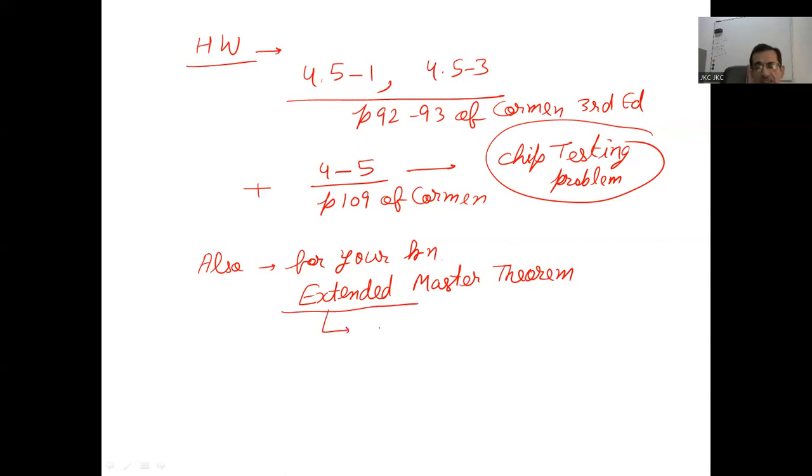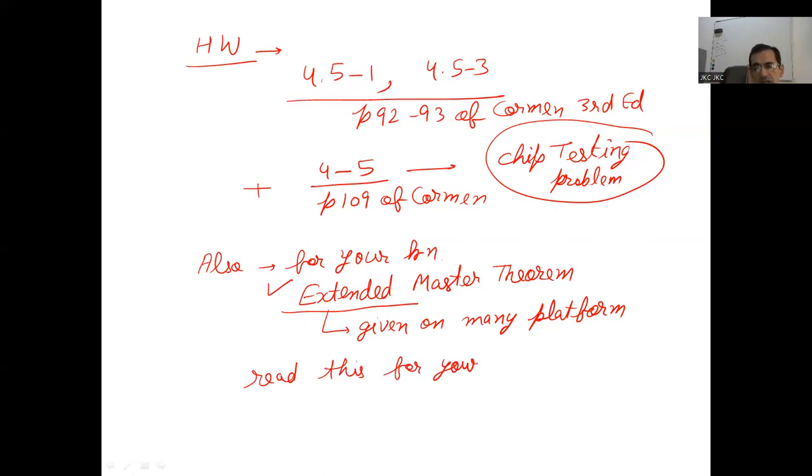The extended master theorem is given on many platforms, and you can read from there. It will be useful in GATE-like questions or for faster solutions in situations where the master theorem is not applicable. So you can read this also, at least for your knowledge and for your faster solutions.